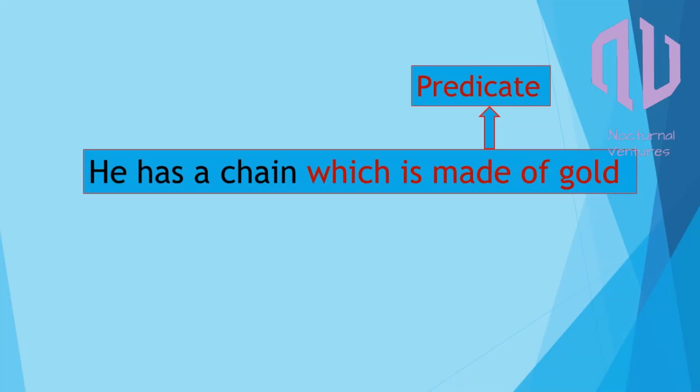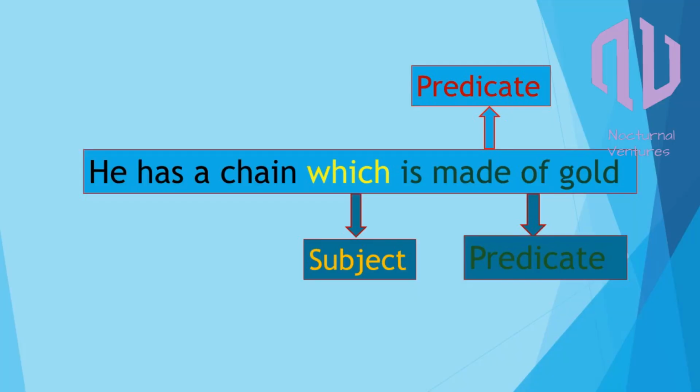Of gold is of course a phrase, because without the subject, of gold doesn't make any sense. But if I say he has a chain which is made of gold, he has a chain is again the subject, and which is made of gold is the predicate. Within that clause, which is the subject and is made of gold is the predicate of that clause.